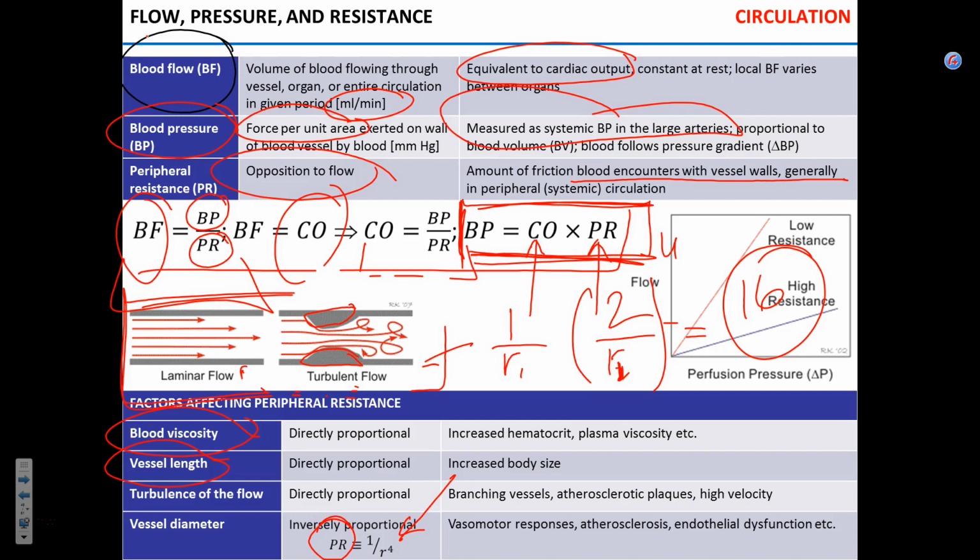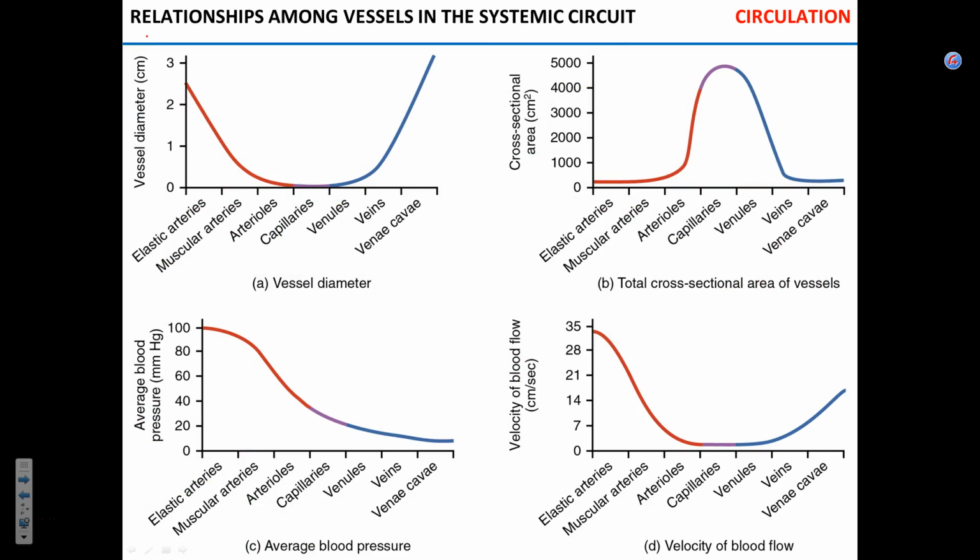Does that make sense? So in our conversation of blood pressure regulation, we're going to be focusing almost entirely on the regulation of the vessel diameter. So before we move on, we need to figure out the relationships between different parameters in the blood vessels in the systemic circuit.